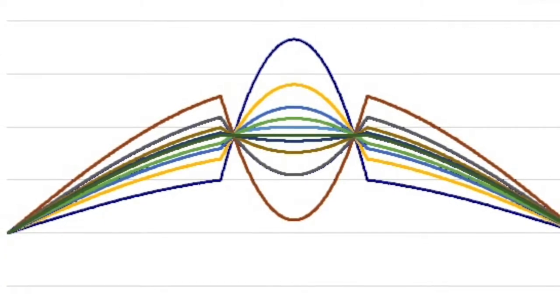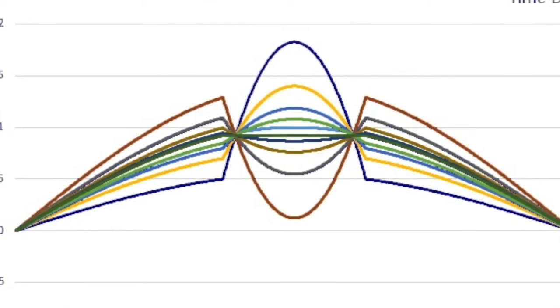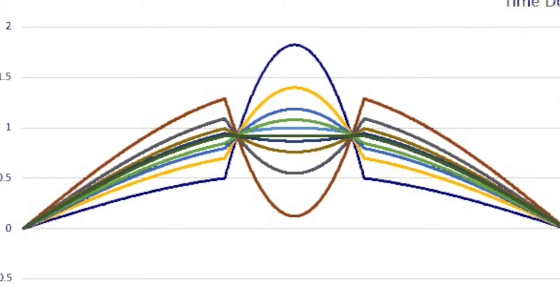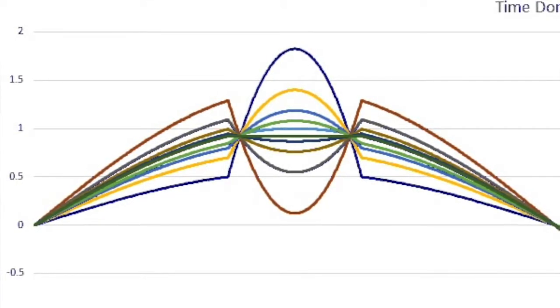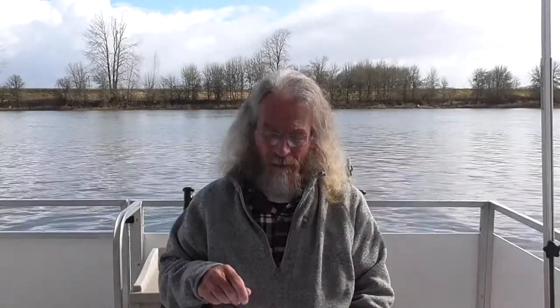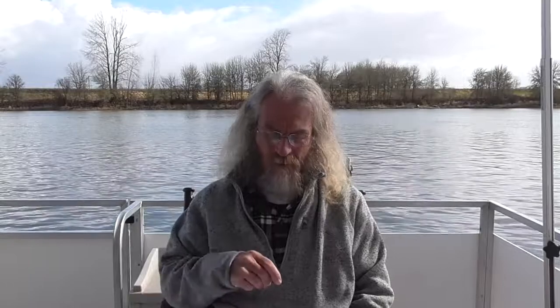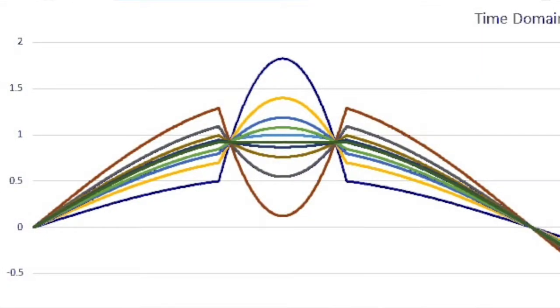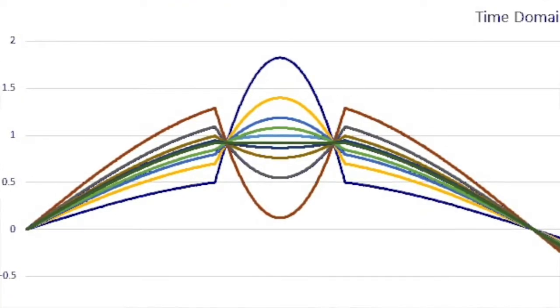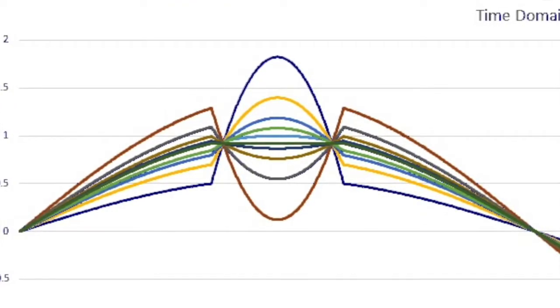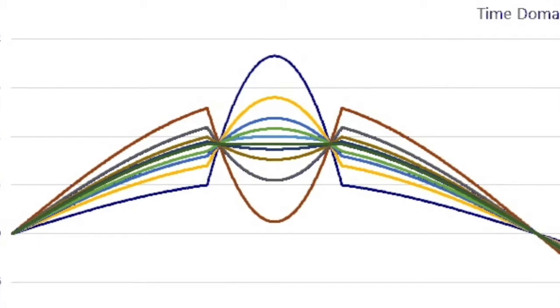And that's why the blue line is the lowest signal until it goes way up, comes back down, and goes low again, and stays low. And it does the same thing on the negative side. The red signal does the opposite. It has the biggest concave dip, and it has the highest amplitude in the body of the wave.